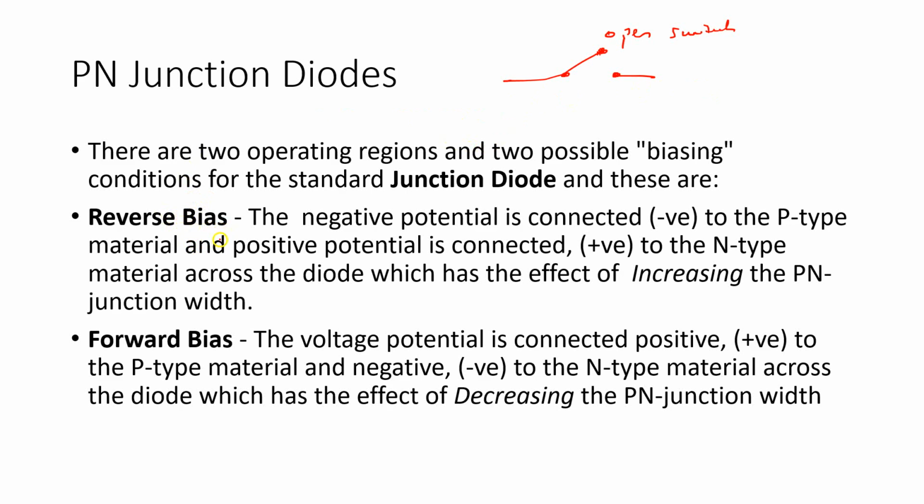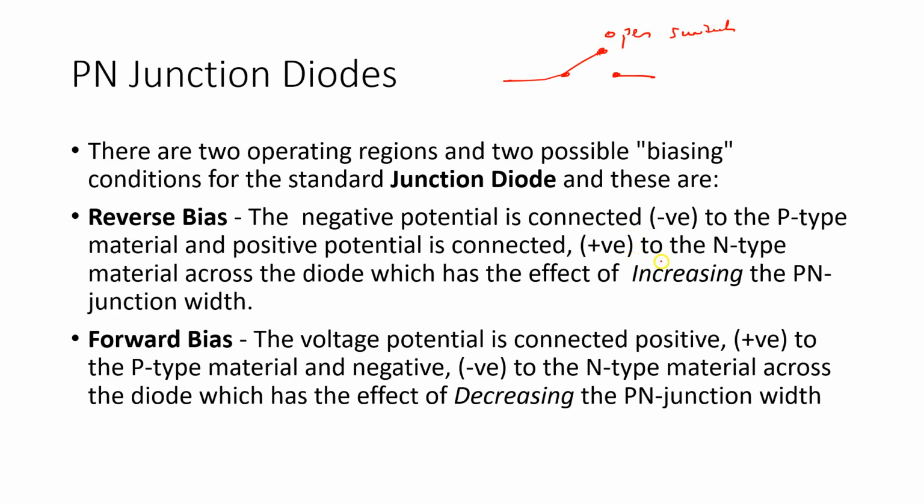Now, you must be able to know when a diode is in reverse bias. How do you know that? This is the way you're going to find out. Whenever the negative side of the battery, or the negative side of the power source, is connected to the P-type portion of the diode, that simply makes it operate in reverse bias.